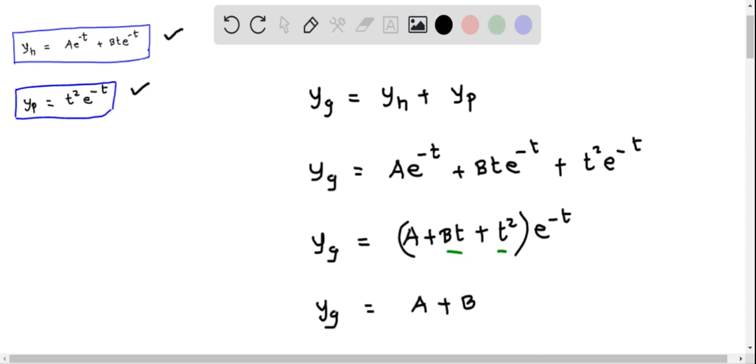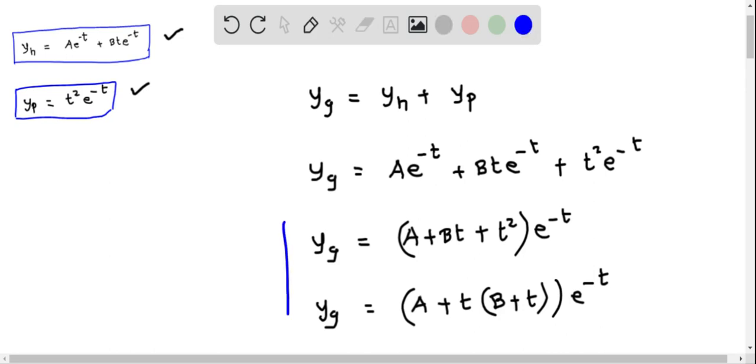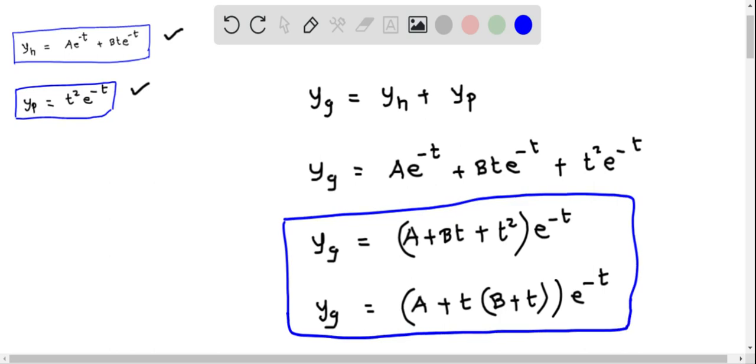If I factor t from these two terms, I will be getting t times of b plus t. This is multiplied, and we also have one more bracket to multiply with e power negative t. So basically, this represents the general solution of the given differential equation. You can consider either this form or this form.